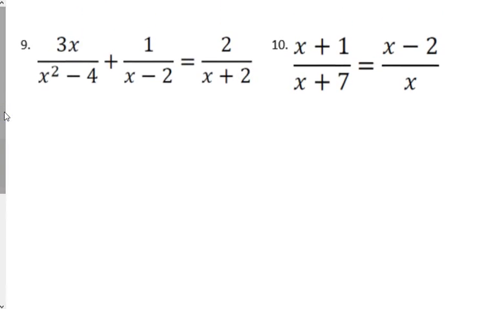So our next problem is x plus 1 over x plus 7 equals x minus 2 over x. Now this one can be solved using cross multiplication. So we're going to multiply them together. So x times x plus 1 is x squared plus x. X plus 7 times x minus 2.